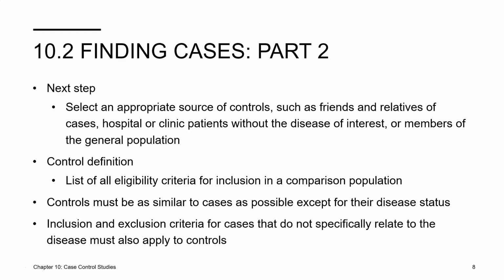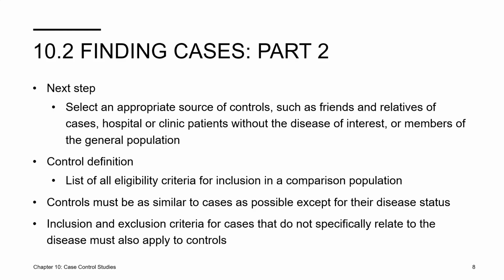The next step is to select an appropriate source of controls, and this could be friends and relatives of the cases, other hospital or clinic patients without the disease, or members of the general population. But it's important to remember that you want the cases and controls to be as similar as possible, except for their disease status.